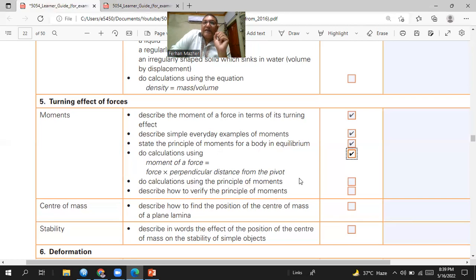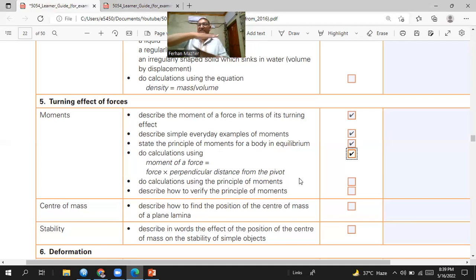But sometimes they show forces. So when they show a force, it's very important to decide whether by applying this force, a clockwise moment or an anti-clockwise moment is produced.